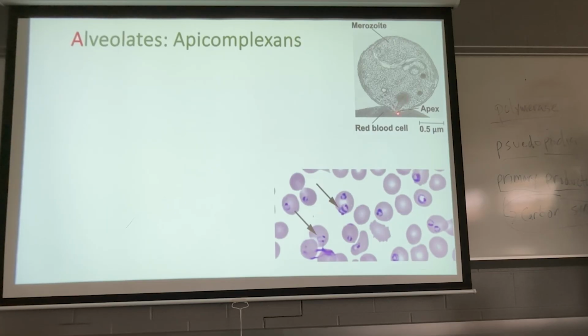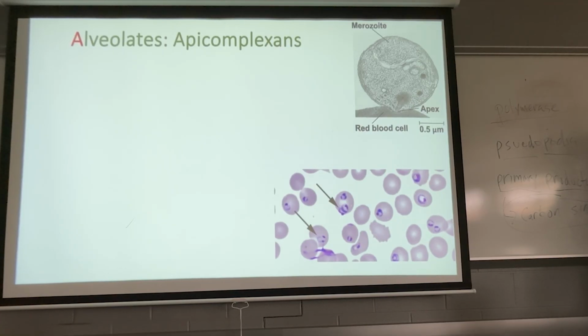And then it will release a mechanism that will part the red blood cell membrane so that it can enter the red blood cell. So it's got to attach and then enter the red blood cell using the modified alveoli. And that's why they're called apicomplexans, which means a complex apical or pointed end. Once they get into the red blood cell, they actually stain like a little ring. So here are the merozoites inside of the red blood cells.